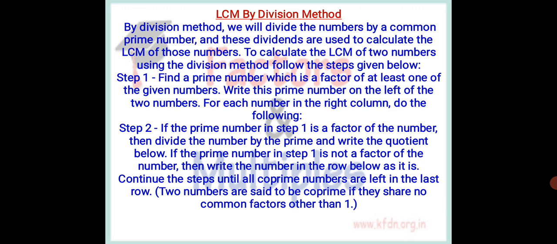If the prime number in step 1 is not a factor of the number, then write the number in the row below as it is. Continue the steps until all co-prime numbers are left in the last row. Two numbers are said to be co-prime if they share no common factors other than 1.